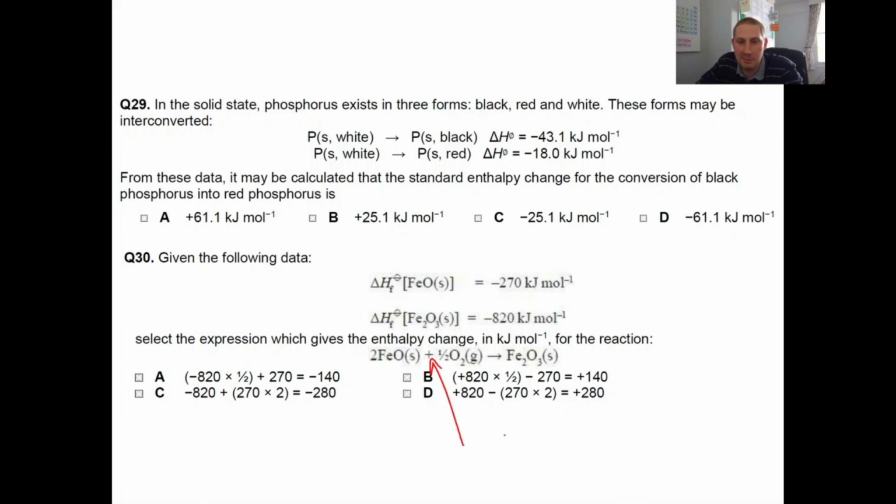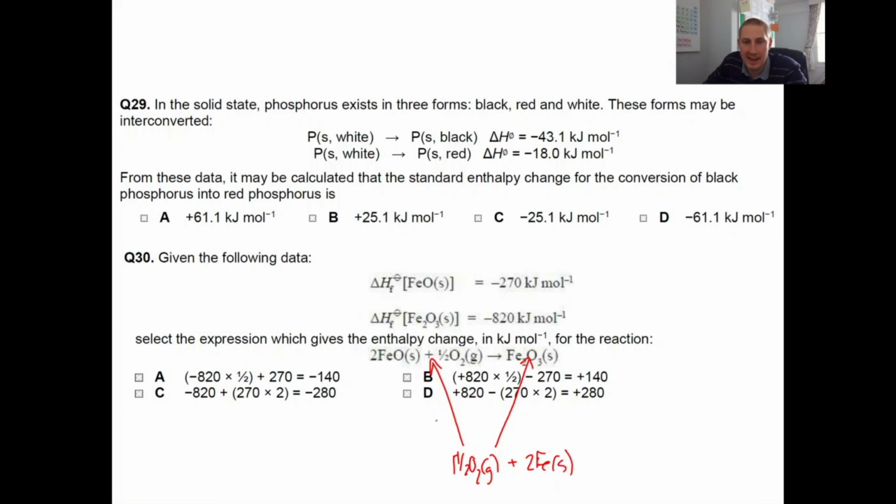Well, we can imagine making these things from oxygen and iron. So we would need 1.5 O2 gas and 2 Fe solid, and we can make each of those from that.